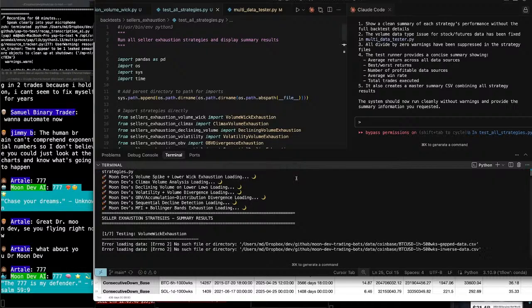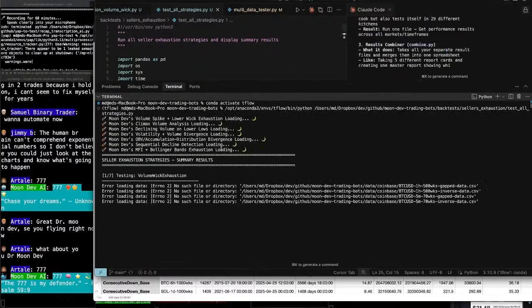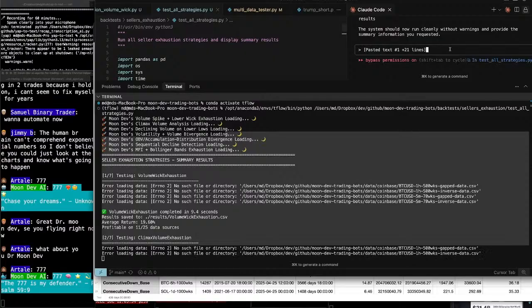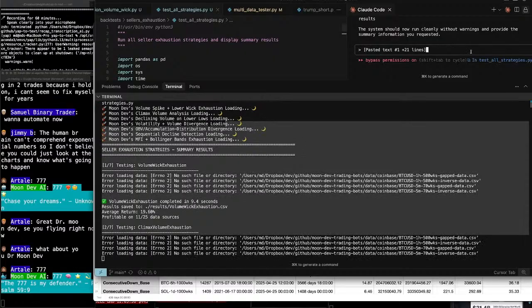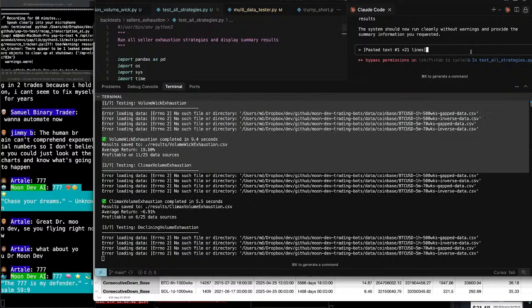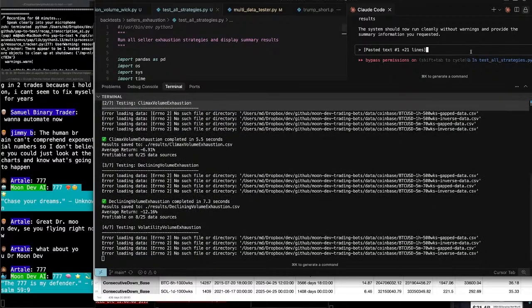All right, let's see how this looks now. Error loading data. Yo, looks like we got this little error here with this data. I don't know why. Also, it should show the summary. The summary that had all of the results from all the backtests.